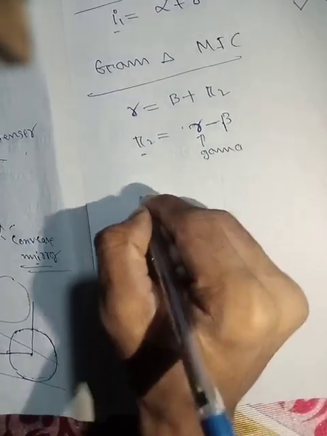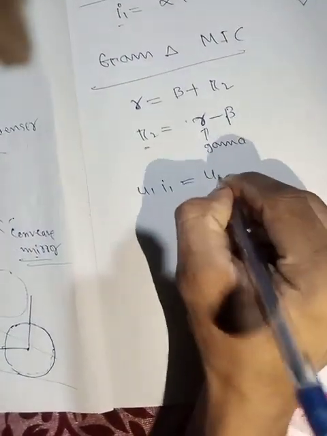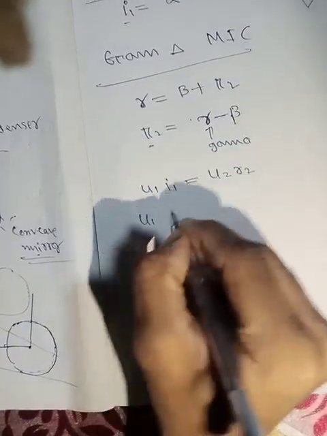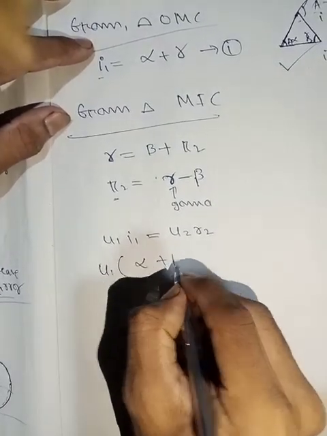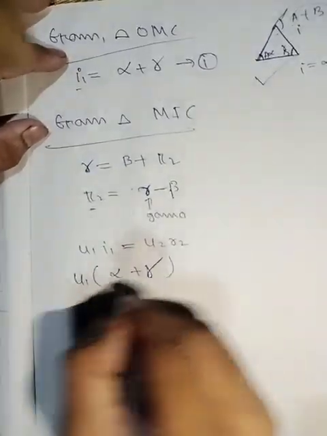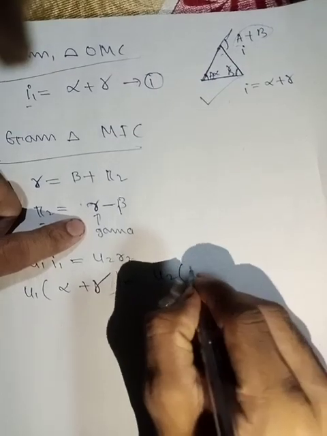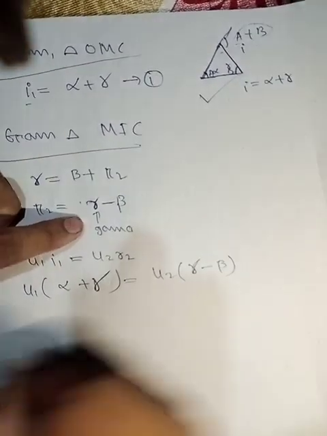Snell's law: mu1 I1 is equal to mu2 R2. What is the value of I1? Mu1 times alpha plus gamma is equal to mu2 times gamma minus beta.